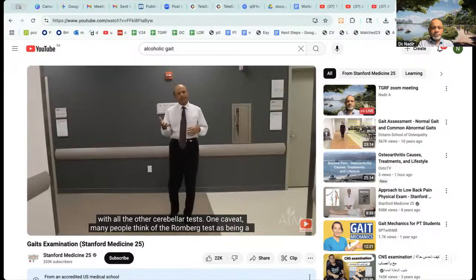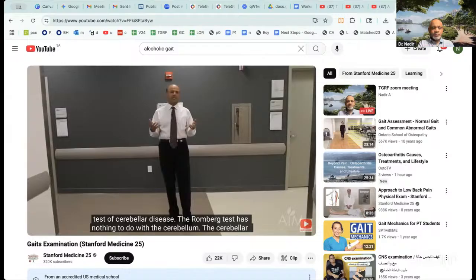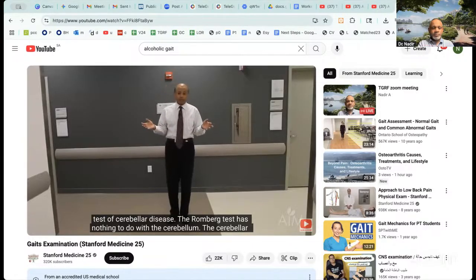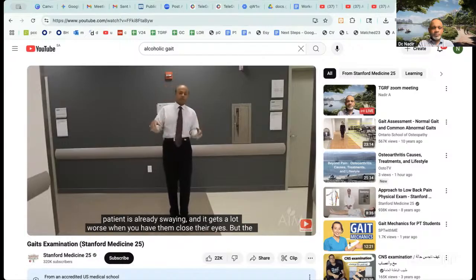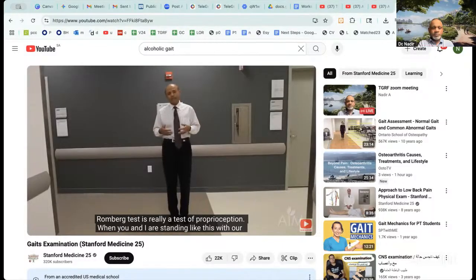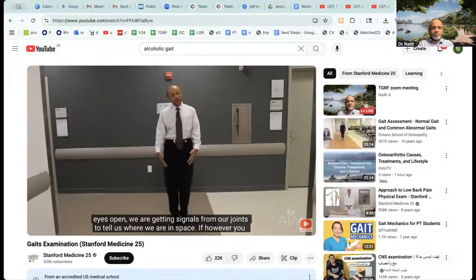One caveat, many people think of the Romberg test as being a test of cerebellar disease. Now, the Romberg test has nothing to do with the cerebellum. The cerebellar patient is already swaying, and it gets a lot worse when you have them close their eyes. But the Romberg test is really a test of proprioception. When you and I are standing like this with our eyes open, we are getting signals from our joints to tell us where we are in space.